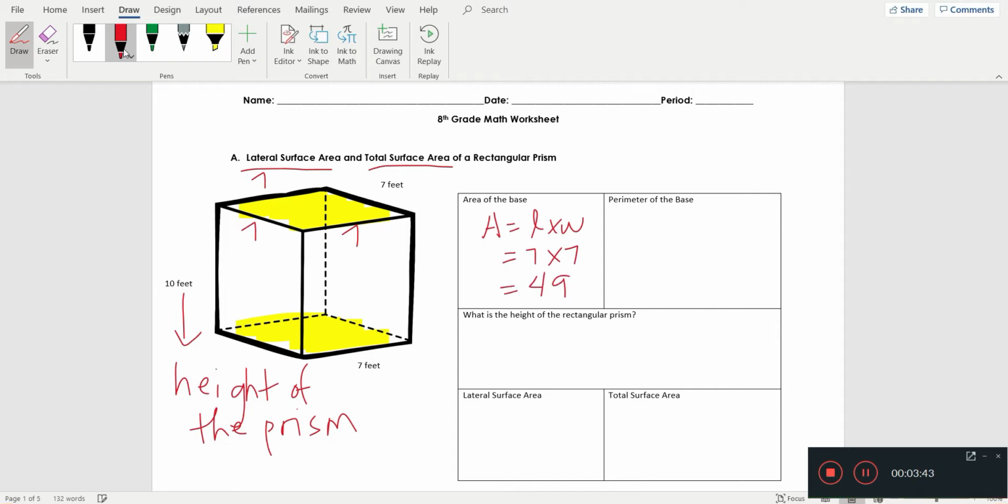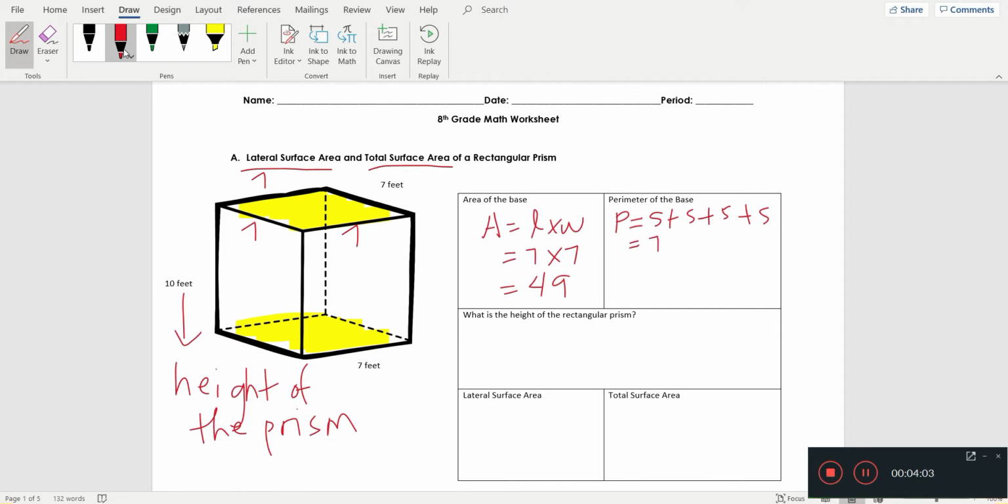Let's have now the perimeter. Perimeter is to add all the sides, so it's like S plus S plus S plus S. You can multiply 7 times 4, that will be great, but some of my kids get confused how to do that.